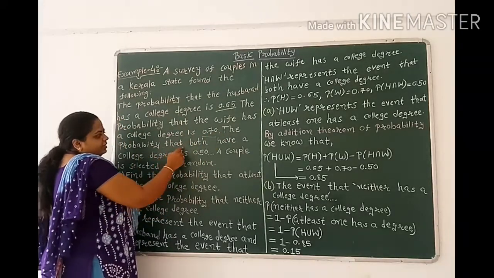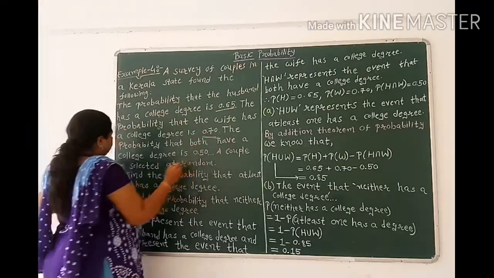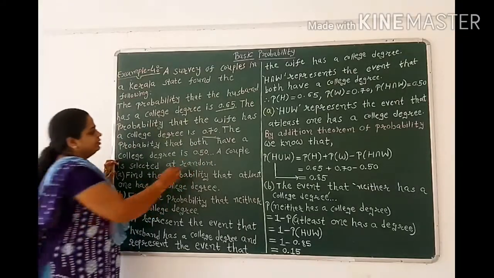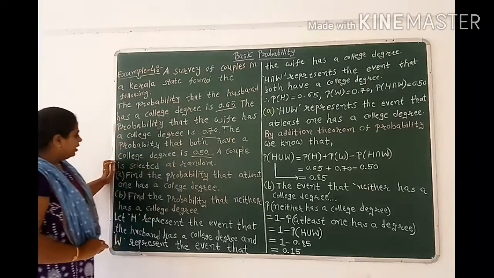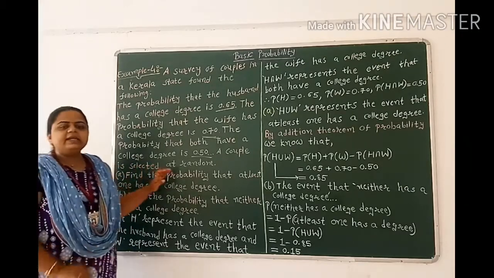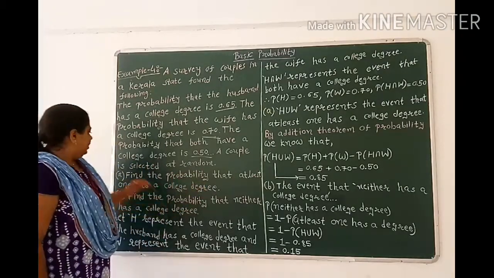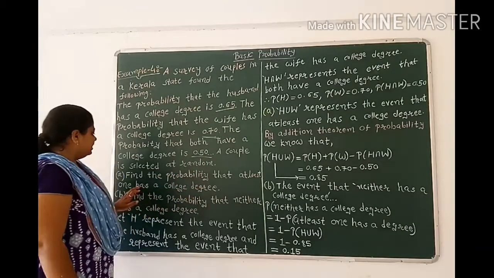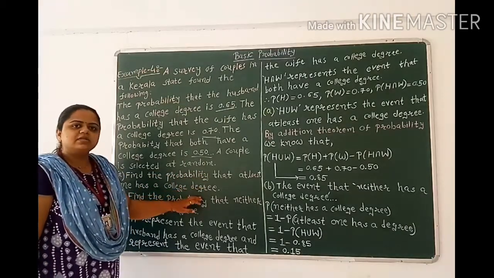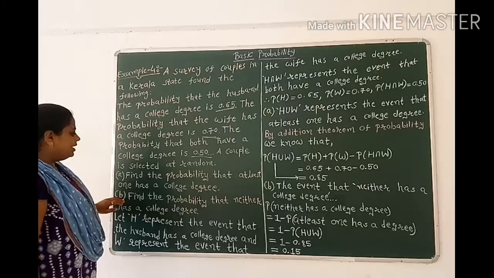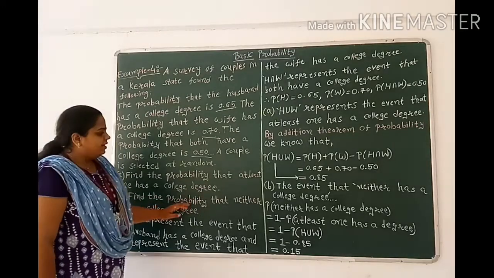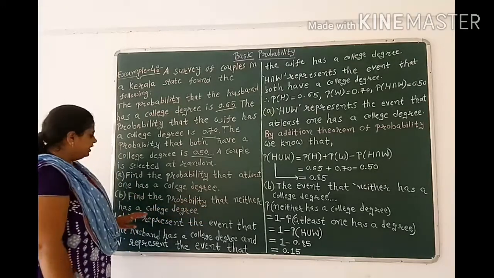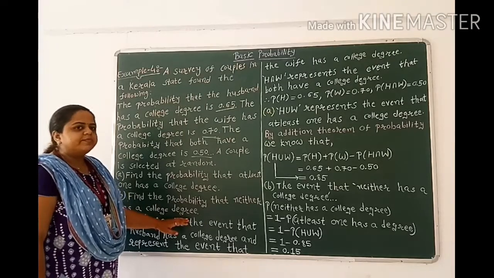The probability that both have a college degree is 0.50. A couple is selected at random. A. Find the probability that at least one has a college degree. And B. Find the probability that neither has a college degree.